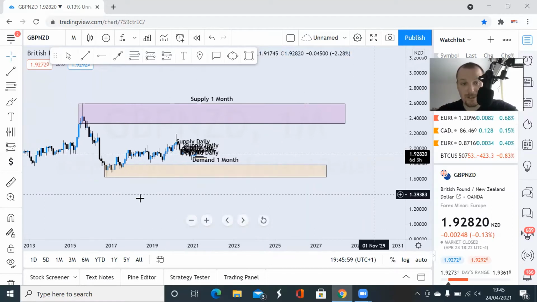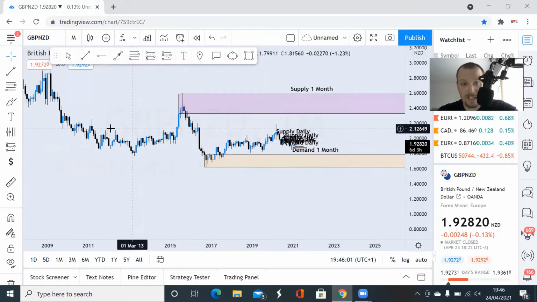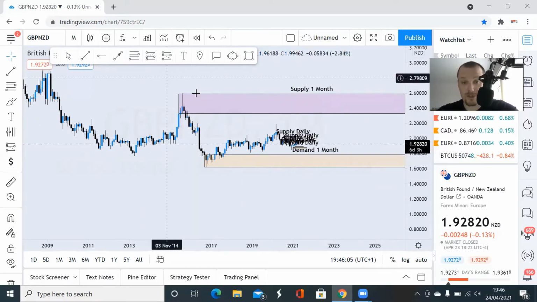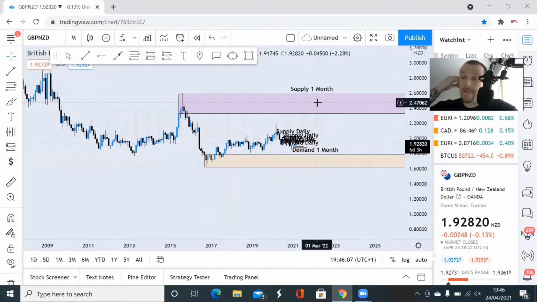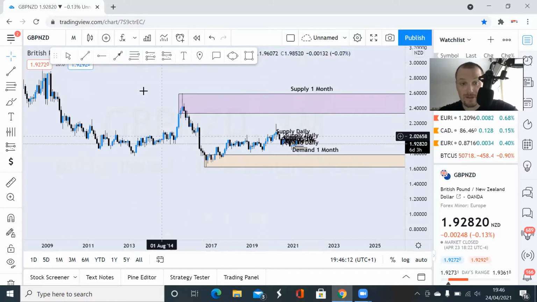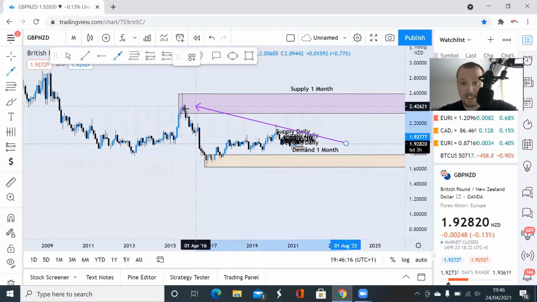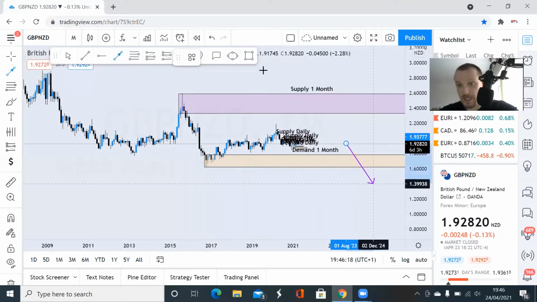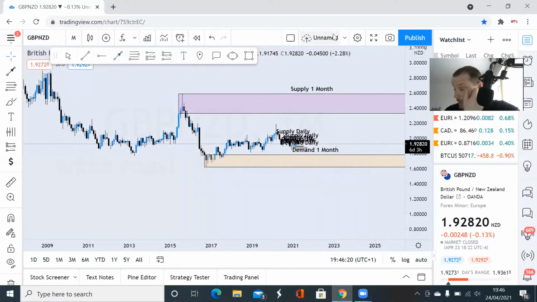Just bear in mind we've got the liquidity areas here, both high and low. We've had the signature pattern, as we call it, break structure 1, break structure 2. In the long run, we'd be looking for price to come back up to this area to mitigate off here and then give us the push down. But that's not what I'm looking at the moment.